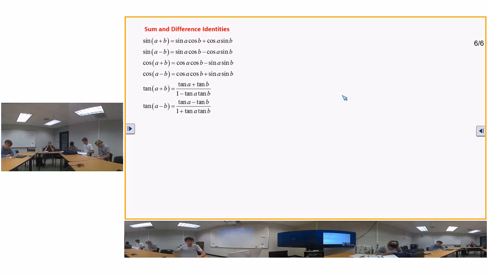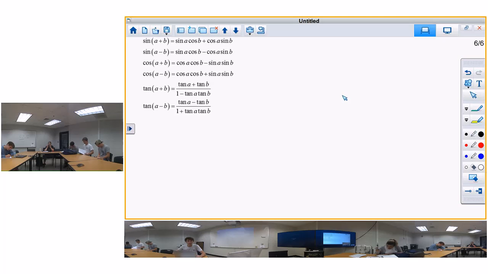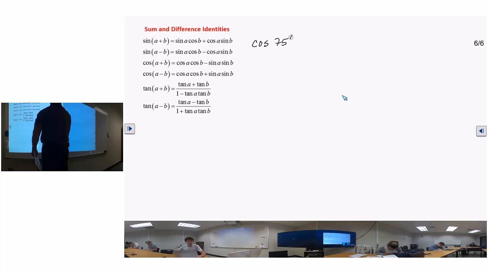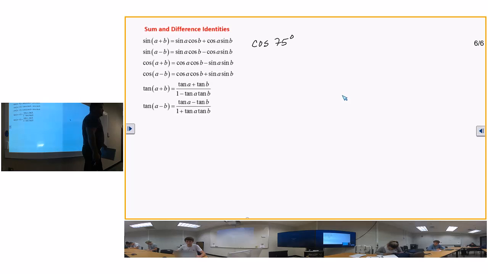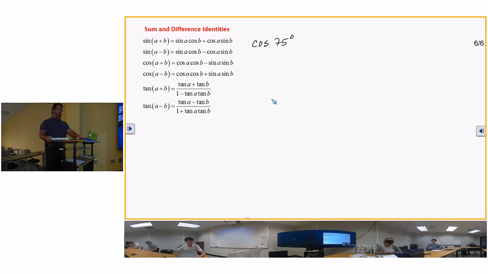And we'll start with cosine of 75 degrees. Now, since you're starting off the problem with cosine, you're going to be talking about the cosine identity for 3 and number 4.